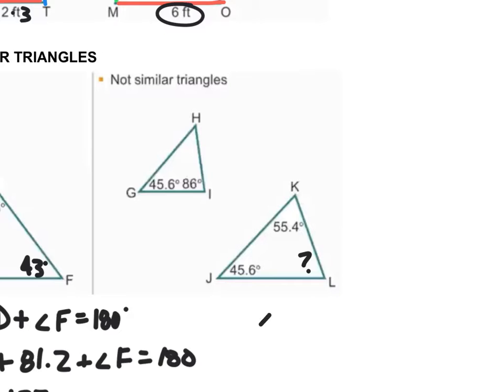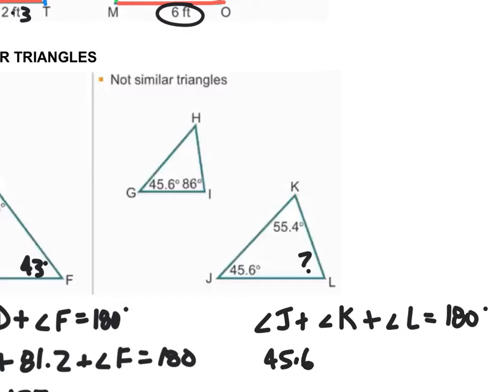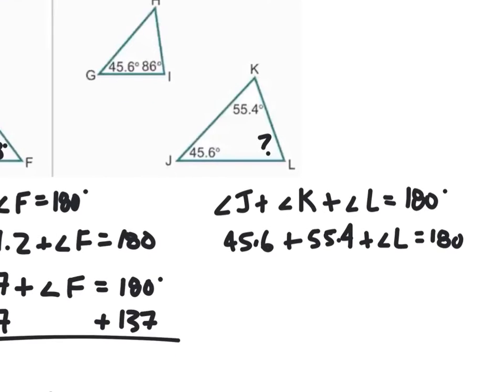So here's what I know. Angle J plus angle K plus angle L, if I add all those angles up, I'm going to get 180 degrees. Angle J is 45.6. Angle K is 55.4. And we don't know what angle L is, but we know that they all add up to 180. So 45.6 plus 55.4 is going to give us a total of 101.